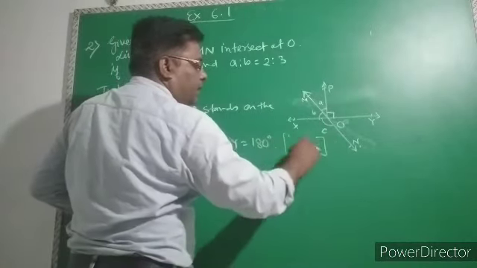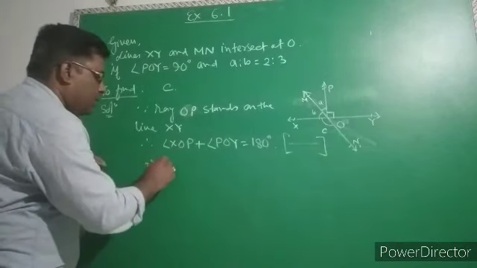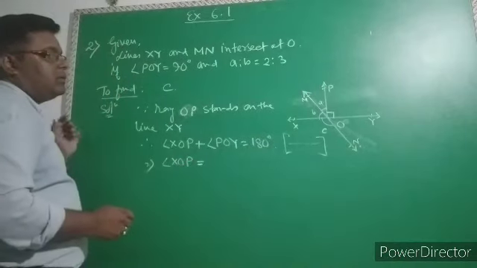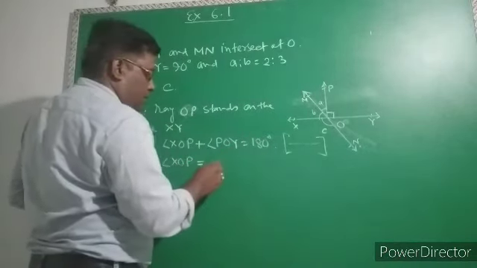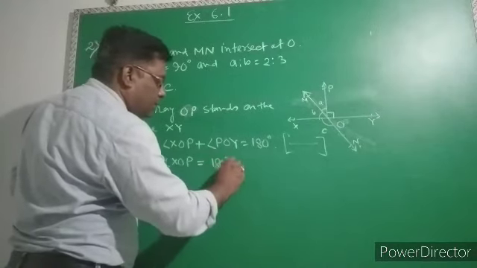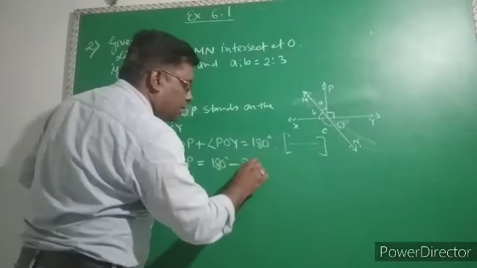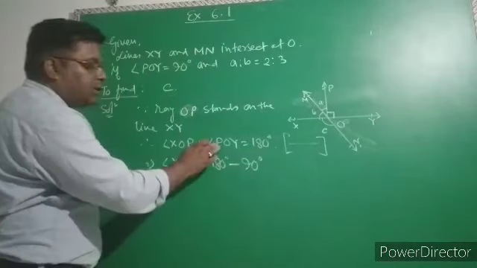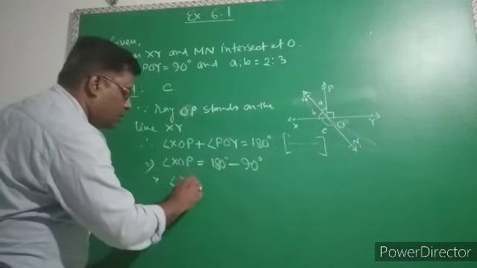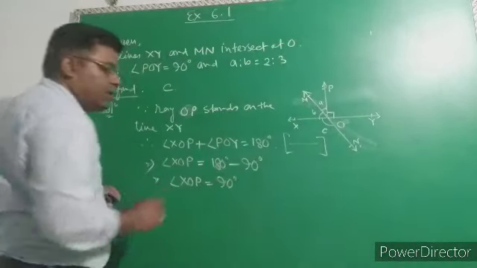You can write by linear pair axiom. So angle XOP is equal to 180 minus angle POY, and POY is given 90 degrees. So you can write minus 90 degrees. That is actually minus POY. So you get angle XOP is equal to 90 degrees.